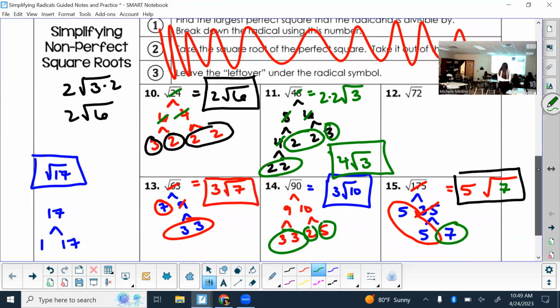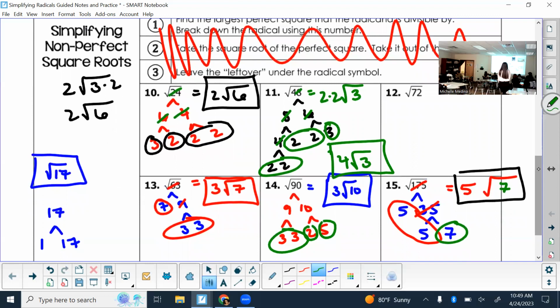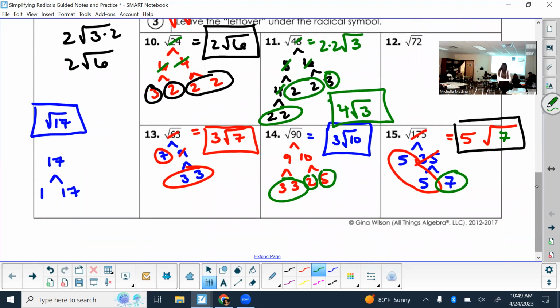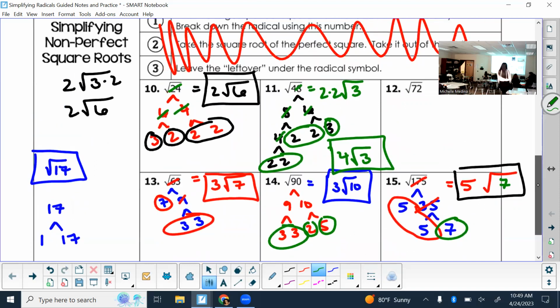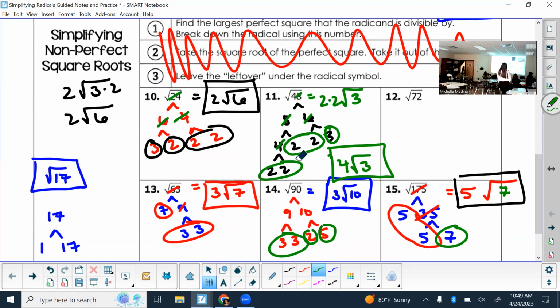All right, what happens if you make a factor tree and you have no numbers left over? What does that mean? What is it? Can't quite hear. It's done. Kind of. What happens if I make a factor tree and I have all pairs of numbers, nothing left over, what do I do?